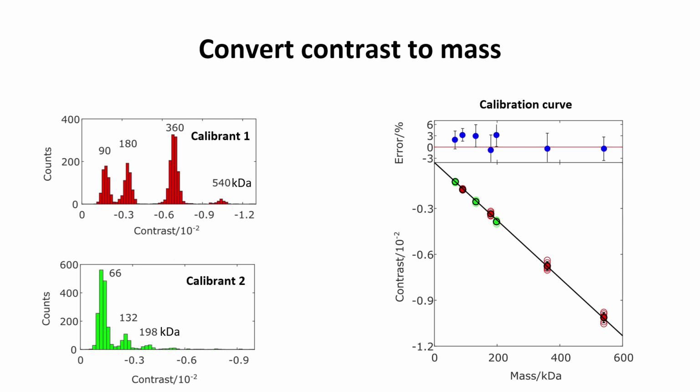And here a second calibrant, which is a monomer at 66, dimer at 132, and a tetramer at 198 kilodalton. Once we know exactly the masses and the contrast, we can put it on one graph. Here you can see our calibration graph of contrast versus known mass, and you can see quite nicely that it fits a linear curve with only a few percentage of error.